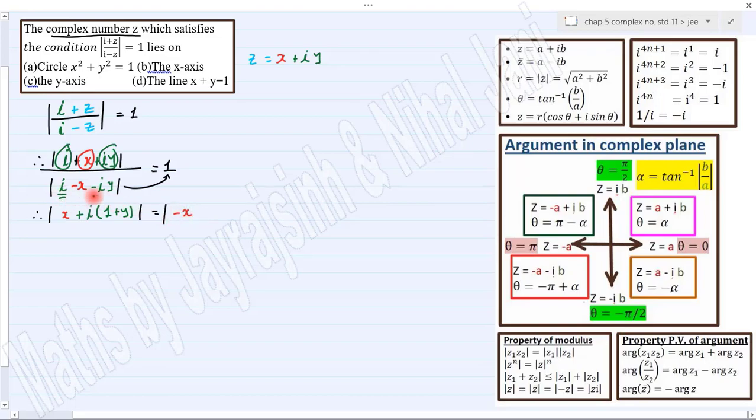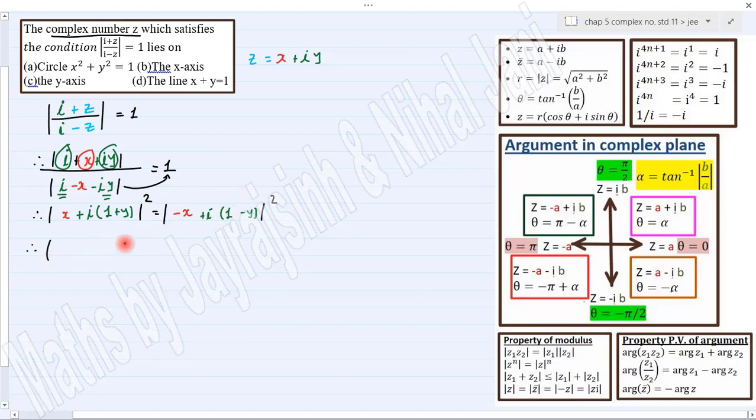From the rest of the terms, take i common. So you will get plus i times (1 minus y). So let's try to get the mod. And to avoid the square root, let's square both the sides.